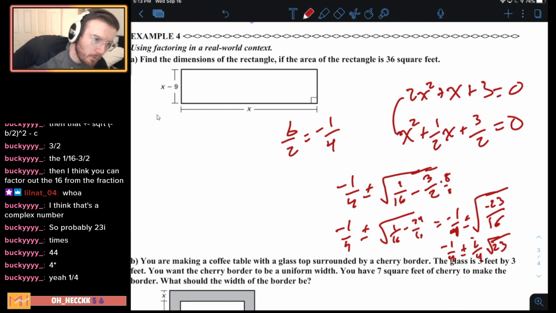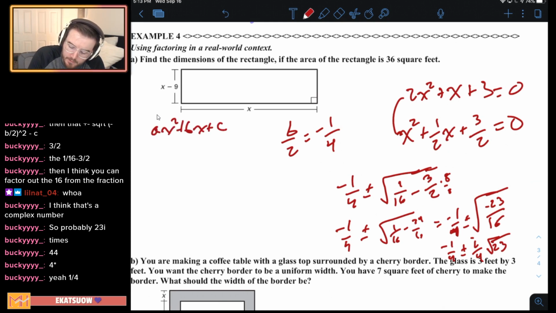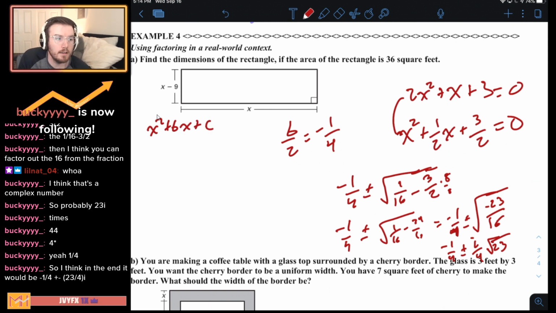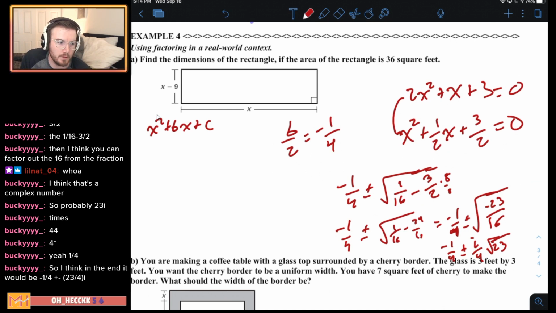So, I mean, what that kind of is, I believe that's my, if I do what I've been doing this whole time, I think in the end it would be 1/4 plus or minus 23/4.